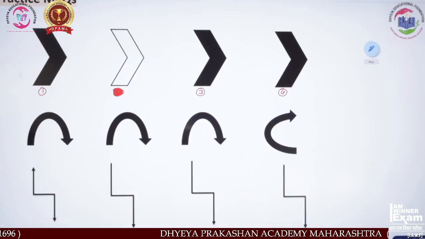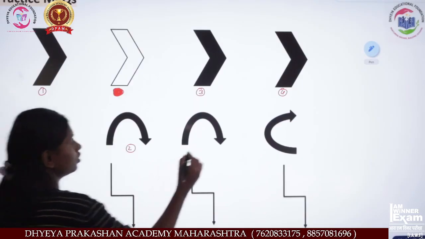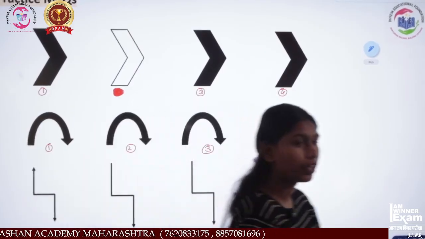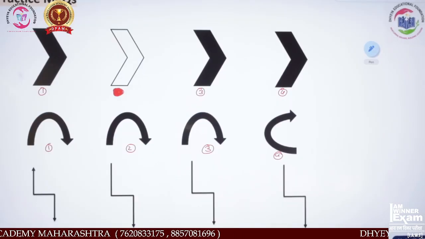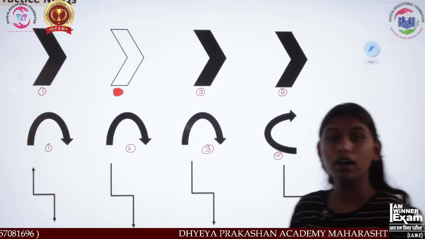Okay, then next. This is your first figure, this is your second figure, this is your third figure, and this is your fourth figure. Which is the different figure here? That is figure number 4.